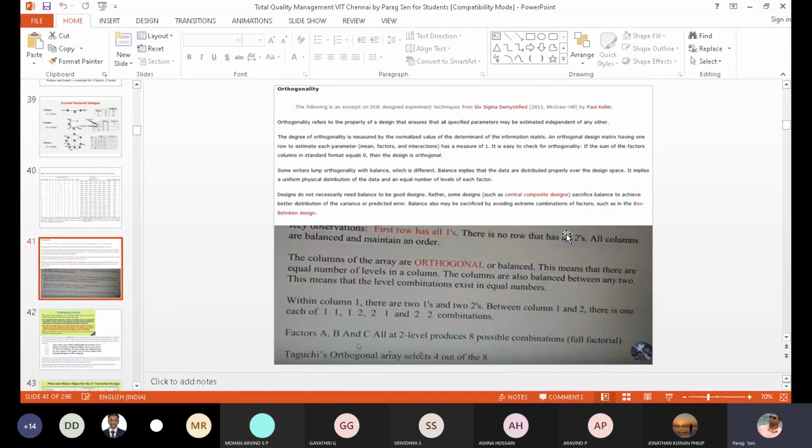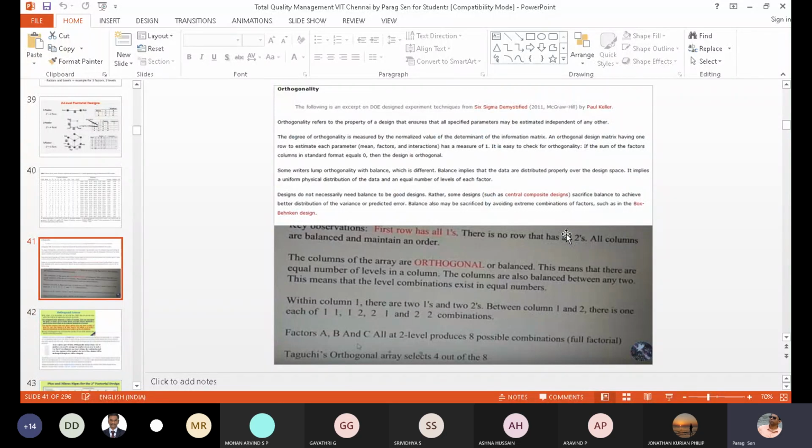But one thing you should know is that, very strictly speaking, this is actually a rough idea of the definition of orthogonality. Strictly speaking, the definition of orthogonality is a little bit different.